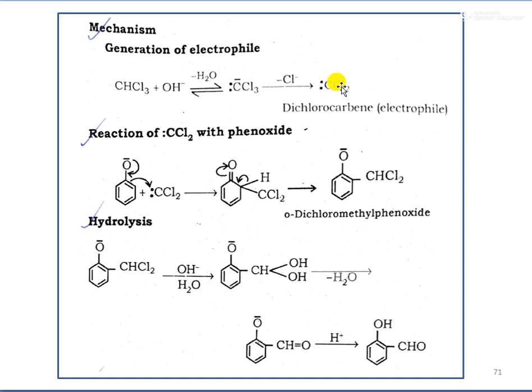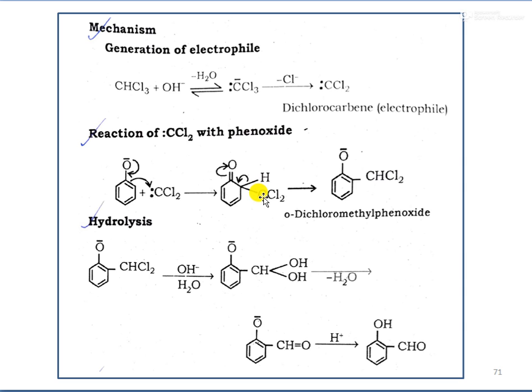This is electron deficient. In the next step, this dichlorocarbene will react with phenoxide. At which position? The ortho position: the dichlorocarbene will come and attack. Again there is a shift in the bonding at this site, and this hydrogen in the benzene ring will be shifted to the carbon.